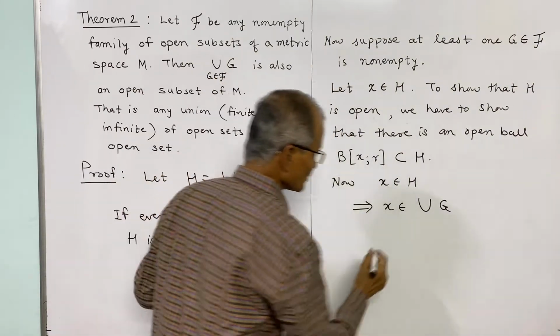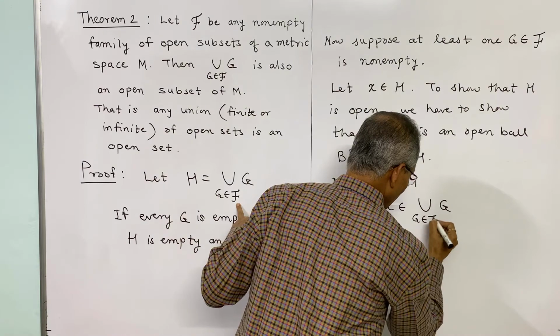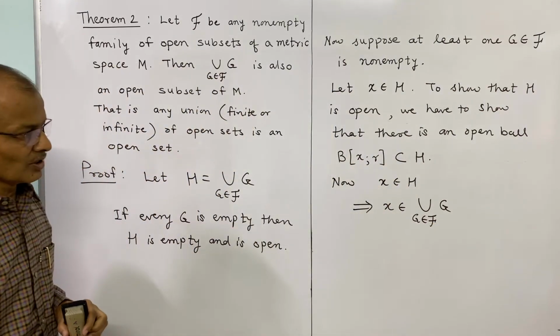The union is taken over that family. So x belongs to the union of G.